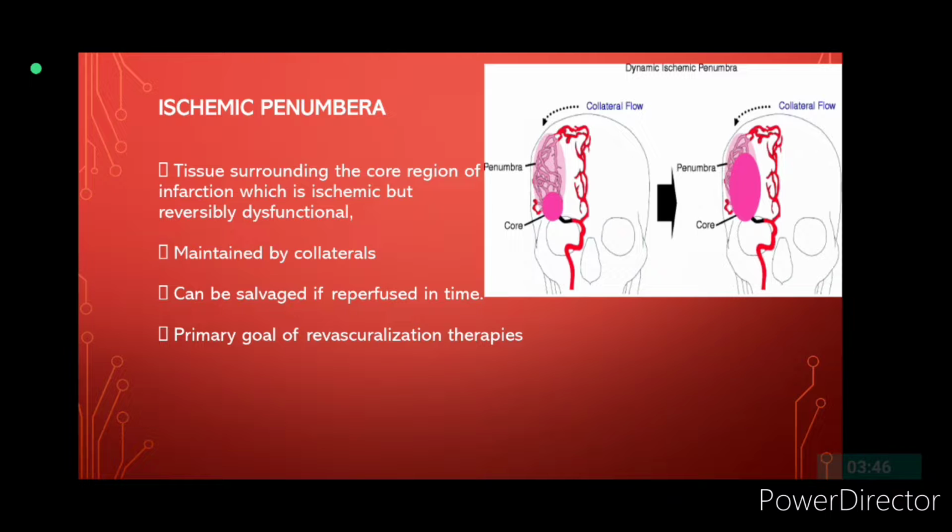Ischemic penumbra: tissue surrounding the core region of infarction which is ischemic but reversibly dysfunctional, maintained by collaterals, can be salvaged if reperfused in time. Primary goal of revascularization therapies.